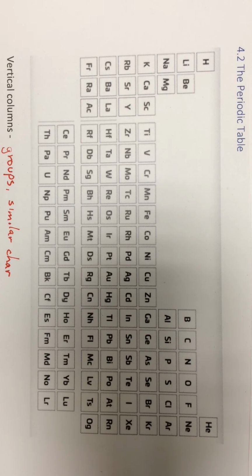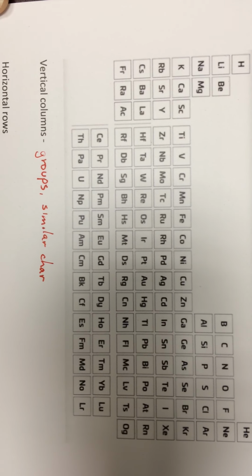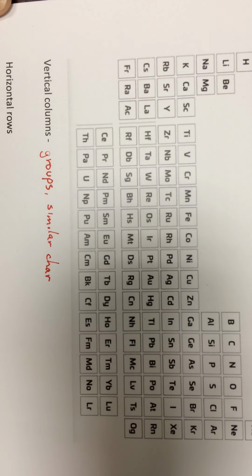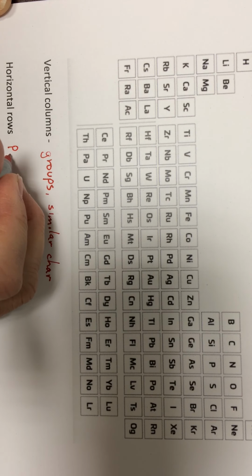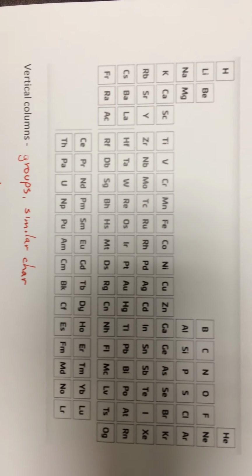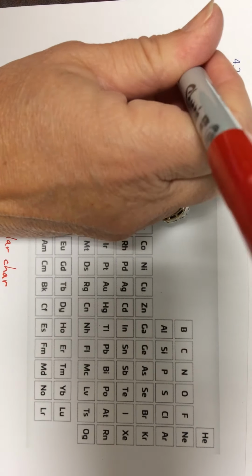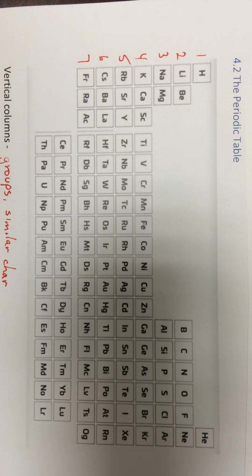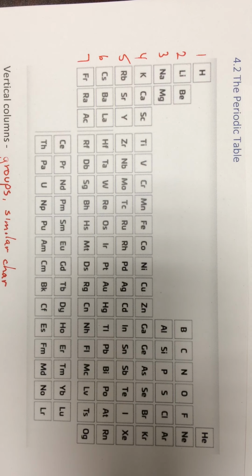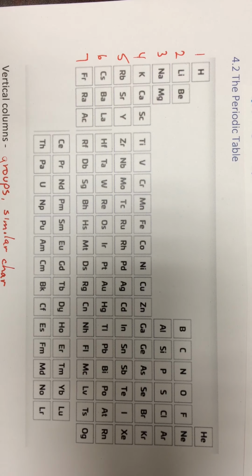The horizontal rows, the going across, we call those periods. So we have periods and groups. The periods are numbered 1, 2, 3, 4, 5, 6, and 7. The groups, some of them have names.